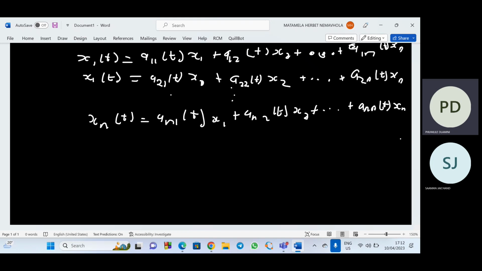So in these first order linear differential equations, we have a homogeneous system, and we also have a non-homogeneous system.